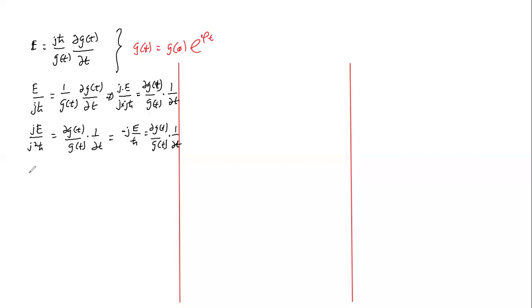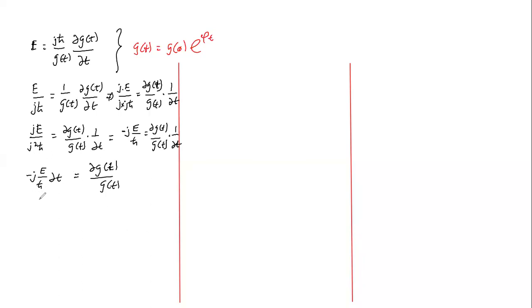Now, we're just solving the differential equation, E over ħ multiplied by dt, which is the same as dg(t) over g(t).